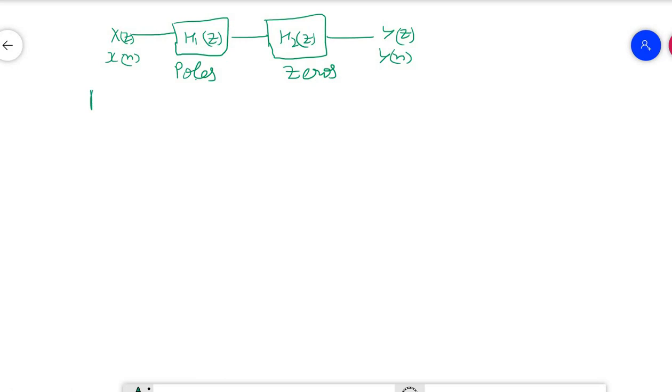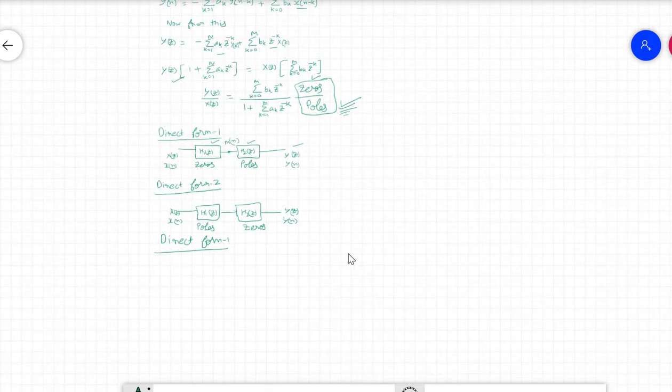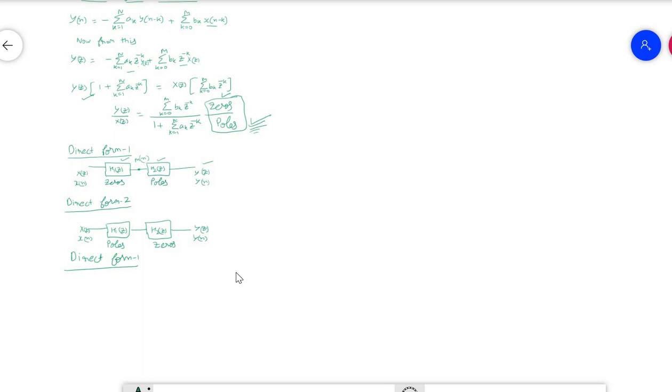Now, first of all, direct form 1. In the case of direct form 1, first we have zeros. Zeros is b_k z^-k.